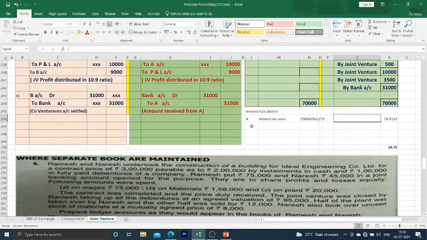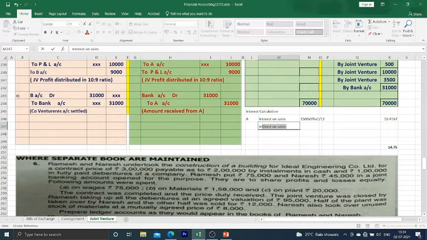You will get the interest on his investment. The investment amount is 1250 into 5% into 4 by 12, January to April. That amount will be calculated.